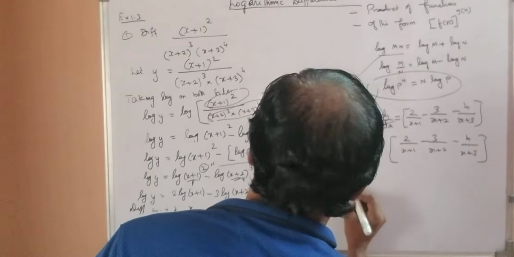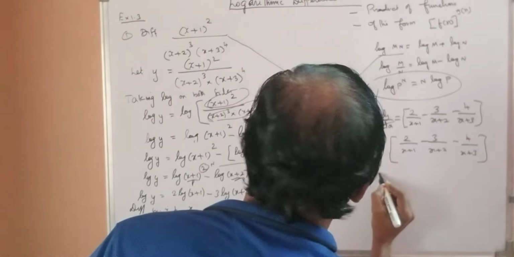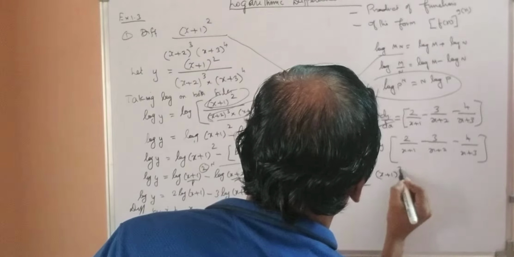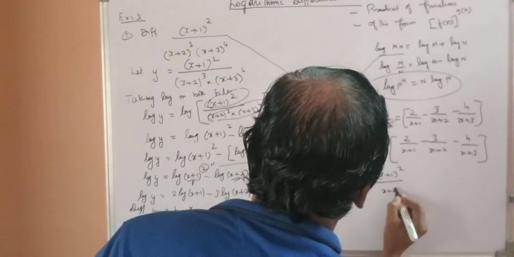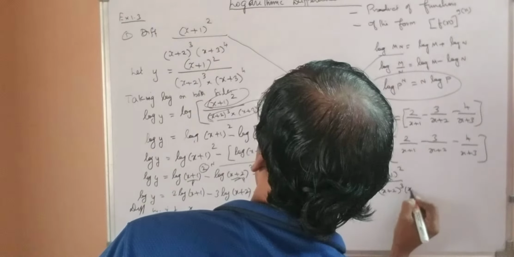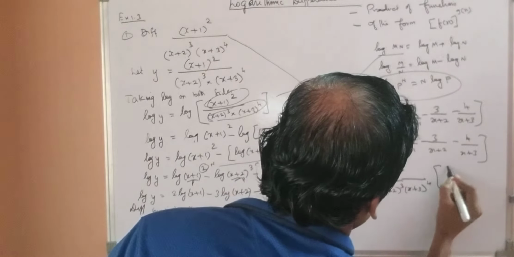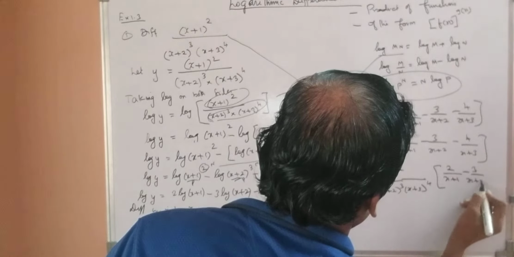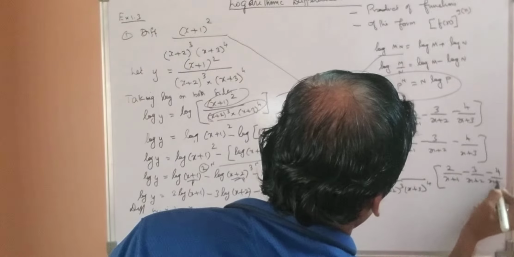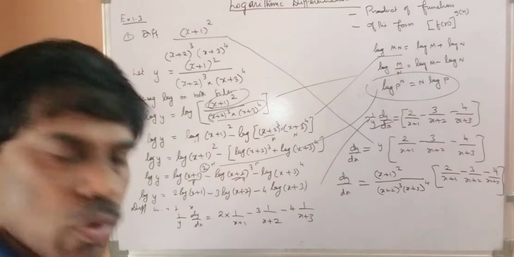So we will resubstitute the value of y: (x plus 1) the whole square upon (x plus 2) whole cube into (x plus 3) whole raised to 4, into [2 upon (x plus 1) minus 3 upon (x plus 2) minus 4 upon (x plus 3)]. I hope everyone understood. That is a very important sum.